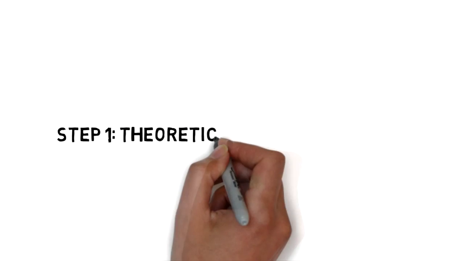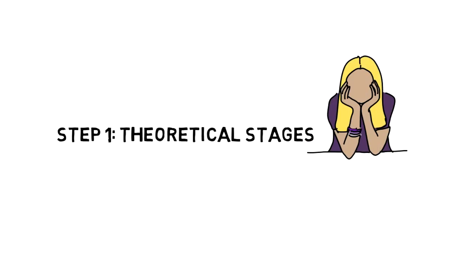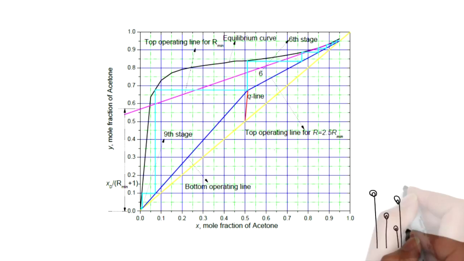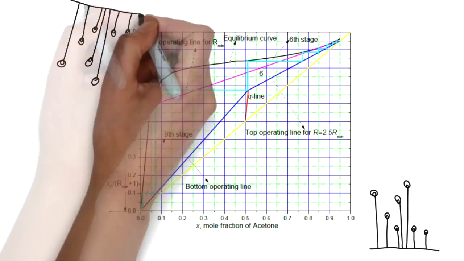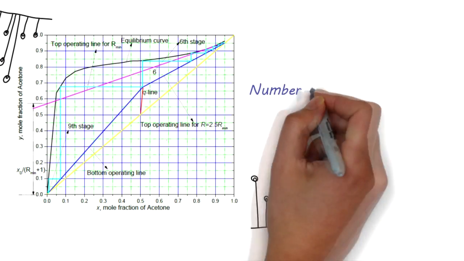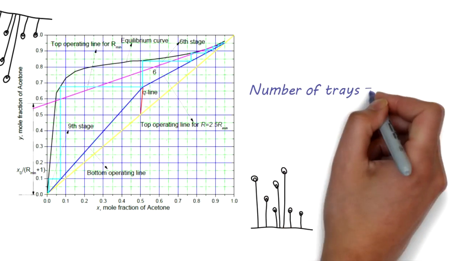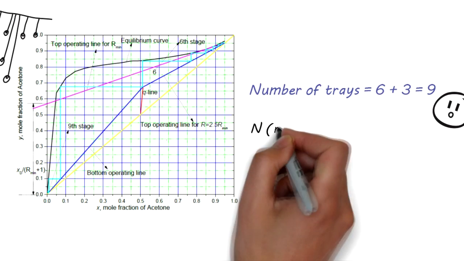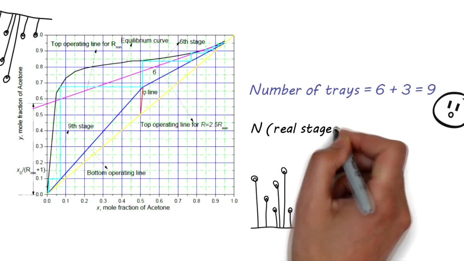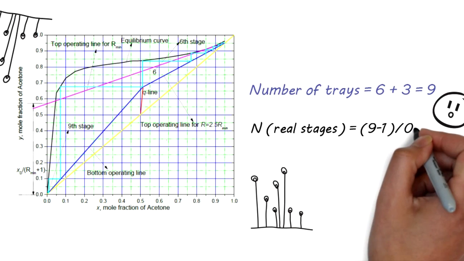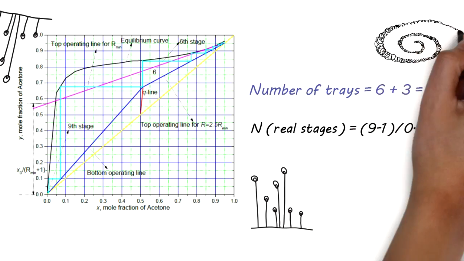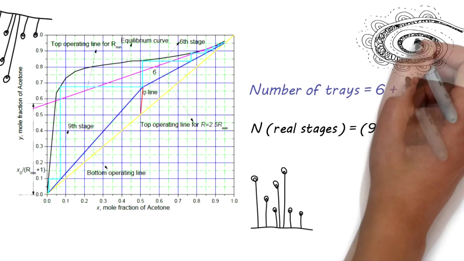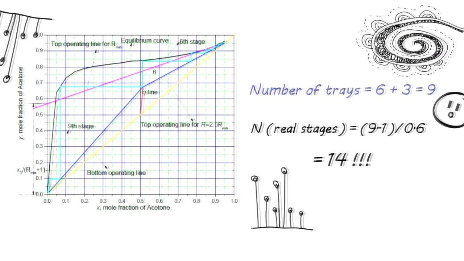Step 1, we determine the theoretical stages. Using the McCabe-Thiele method, we obtain the number of trays, where we get 6 above and 3 below, which is a total of 9. But for the real number of stages, we subtract 1, which is equivalent to the partial reboiler, and divide it by the column efficiency.